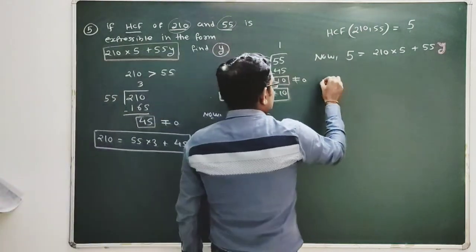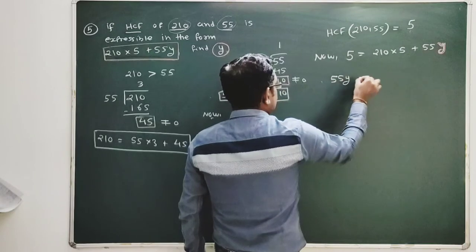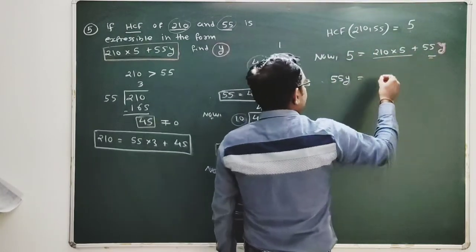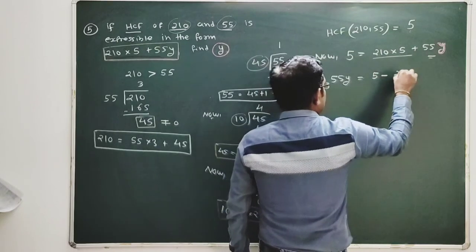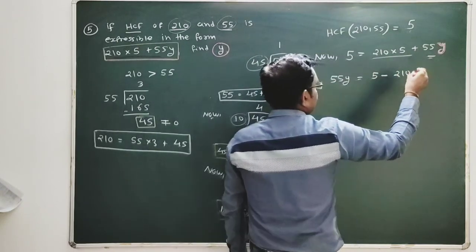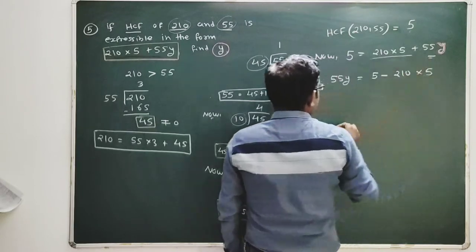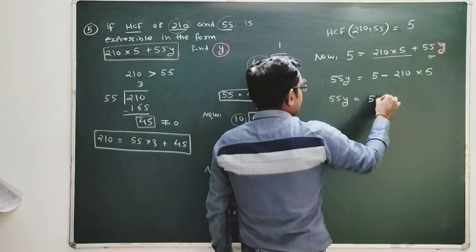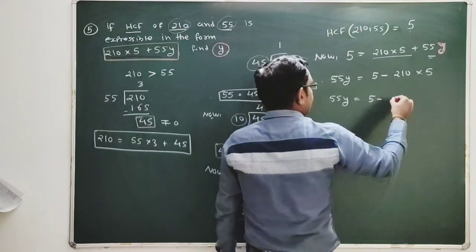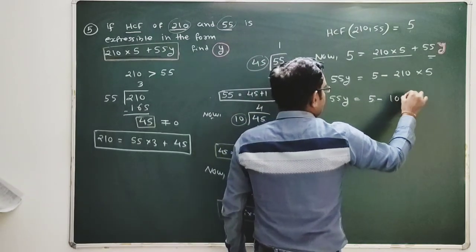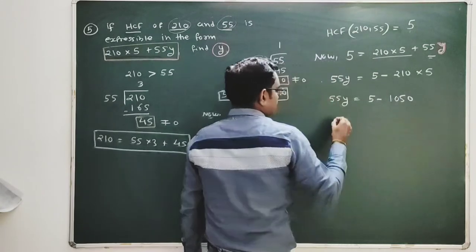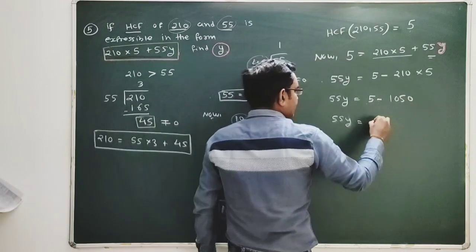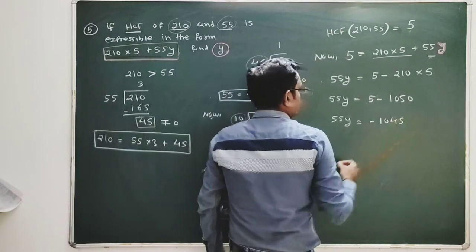So now students, 55y is equal to, taking these terms to the left hand side, 5 minus 210 into 5. Therefore 55y equals 5 minus 210 into 5, how much will it be? 1050. So 55y equals 5 minus 1050, it's minus 1045.